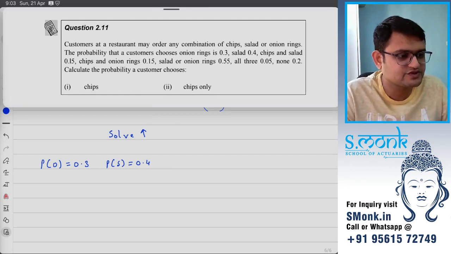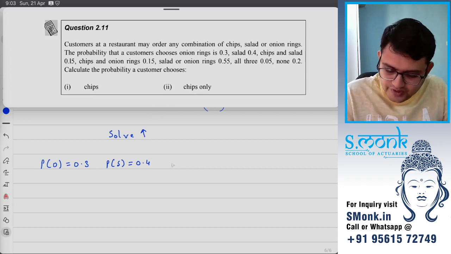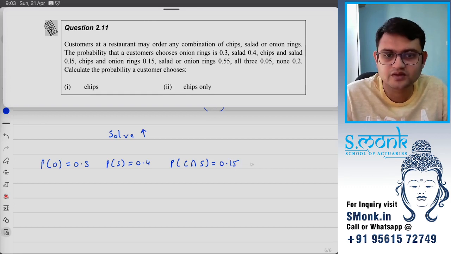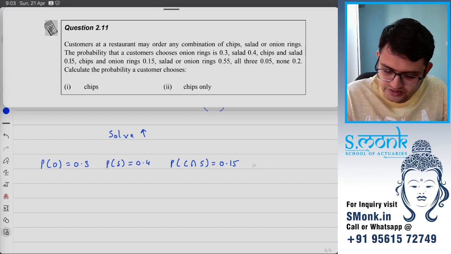When I say chips and salad, we are talking about C intersection S. Chips and salad will be 0.15. Then chips and onion rings: the probability of chips and onion rings is 0.15.